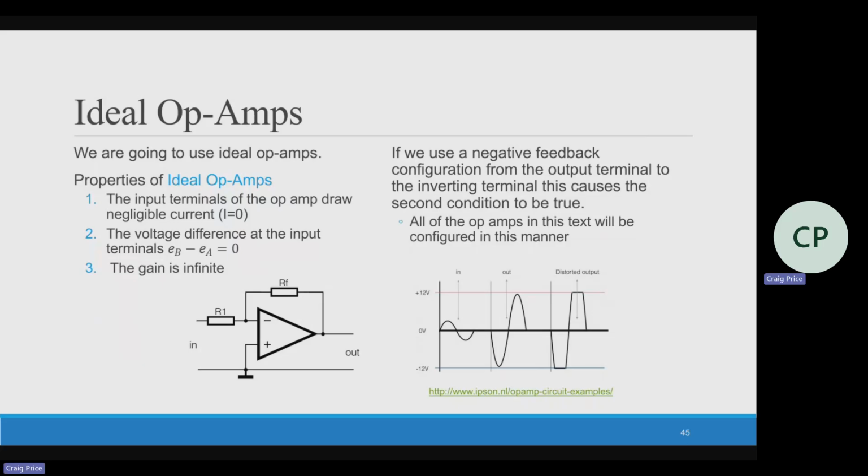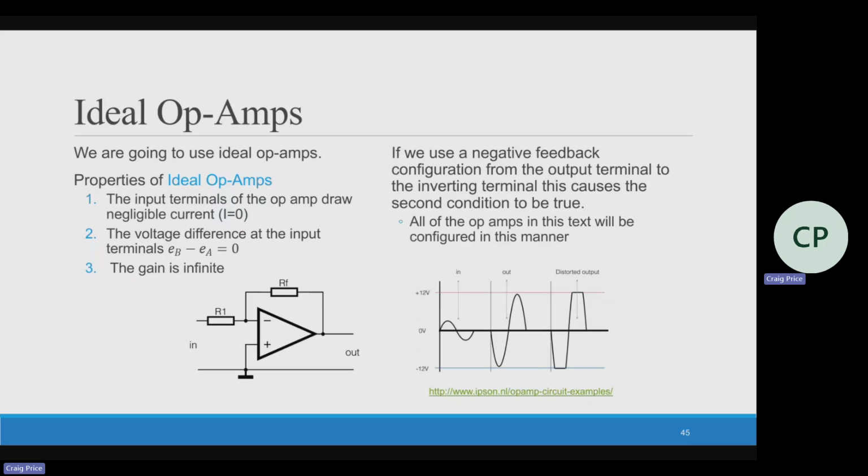So if one of these is grounded, typically the positive one, that means the voltage at this part is 0. That's a way we can simplify what's going on. There's no current and there's no difference in voltage. The last one we don't care too much about: the gain is infinite. And from these definitions, we can simplify so that the voltages are equal and there's no current going to the op-amp.